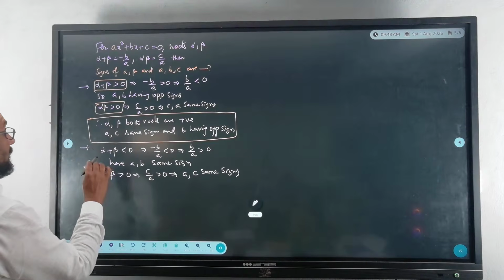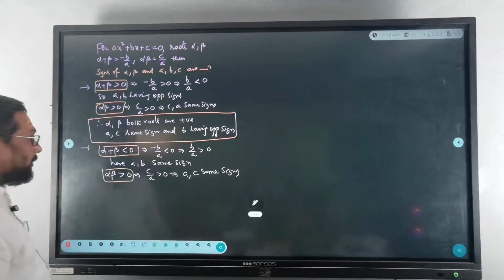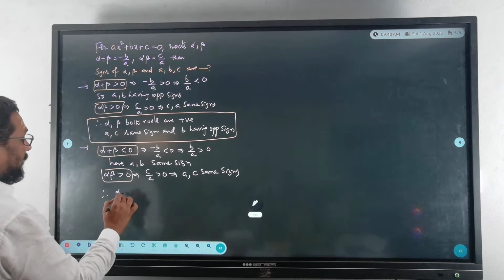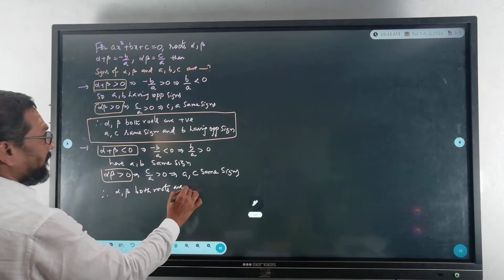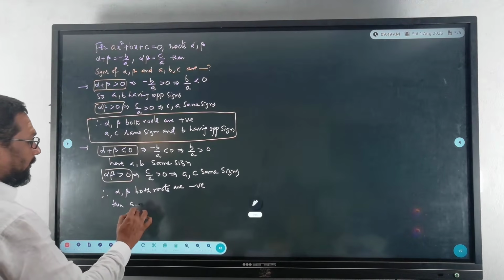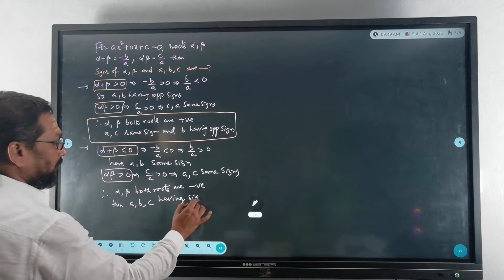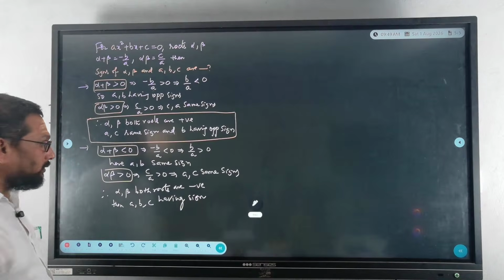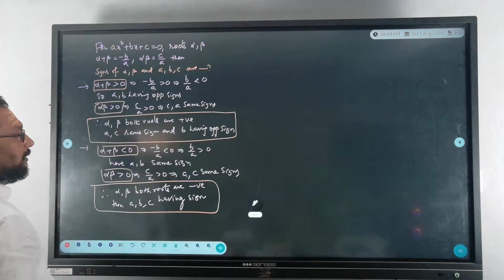Here alpha plus beta negative, alpha beta positive. By using these two, therefore both roots are negative. Then a comma b comma c having same sign. That means if a, b, c have the same sign, both roots are negative. If a, c same sign and b opposite, both roots are positive.